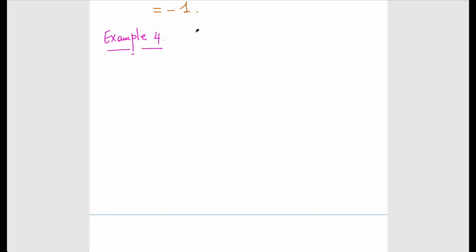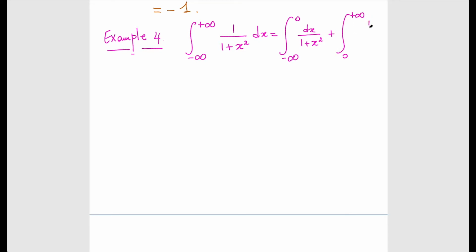We're gonna evaluate, as we said, from -infinity to +infinity, this improper integral 1 over 1 plus x squared dx. And the way I'm gonna do it is I'm gonna stop at 0: -infinity to 0, 1 over 1 plus x squared, plus 0 to +infinity, dx over 1 plus x squared.